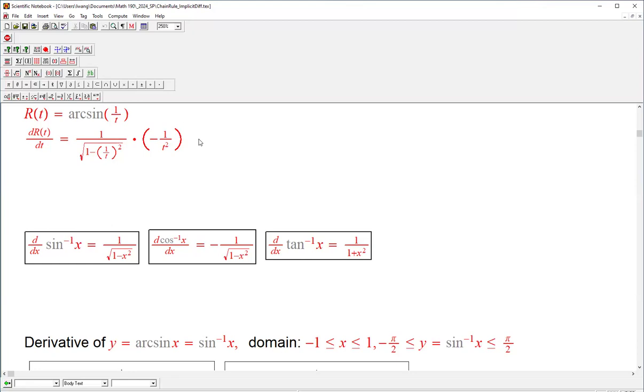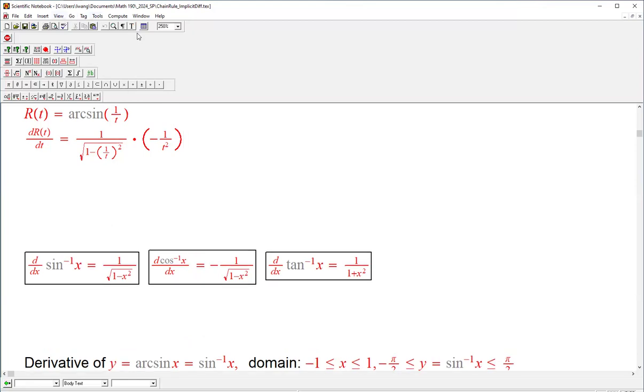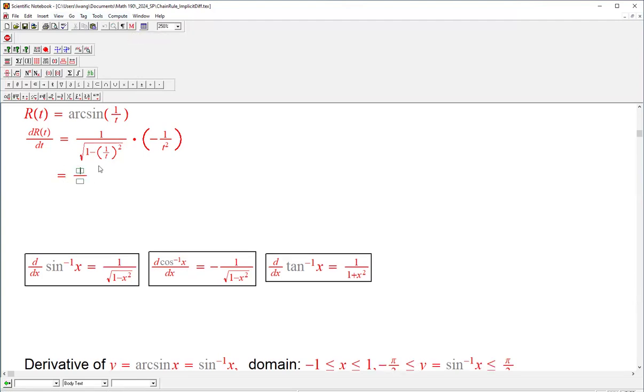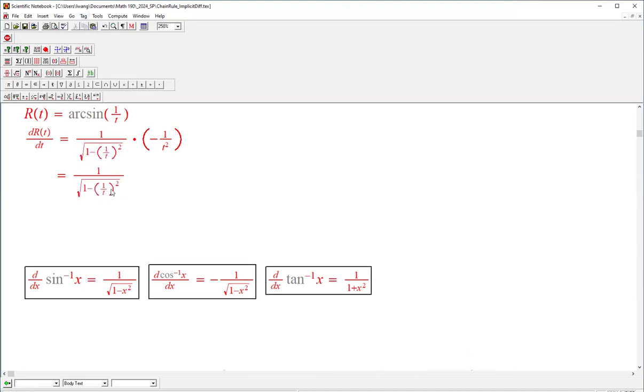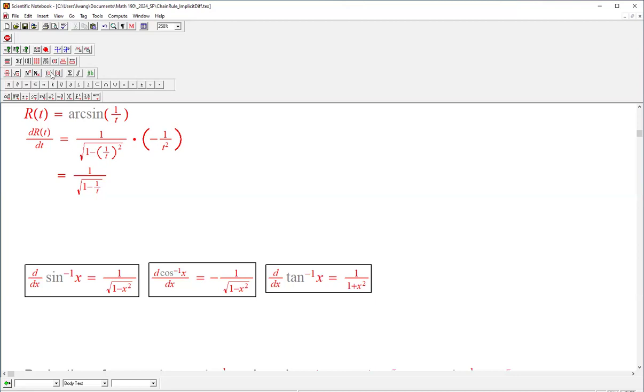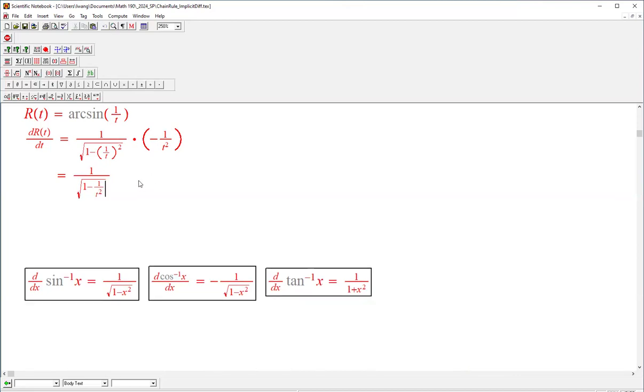We're almost done. One more step, maybe two more steps. It's one denominator, so we're going to have a square root, and the 1 minus 1 over t squared, multiplied by 1 over t squared.